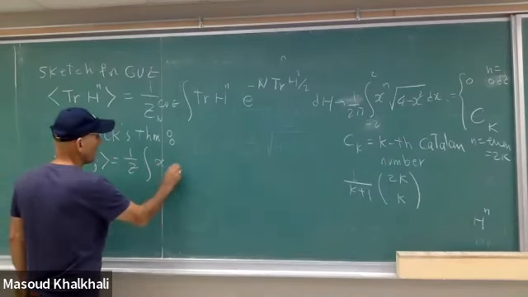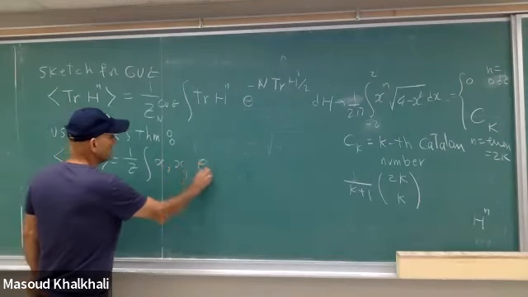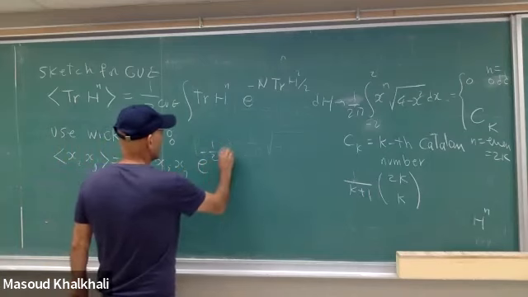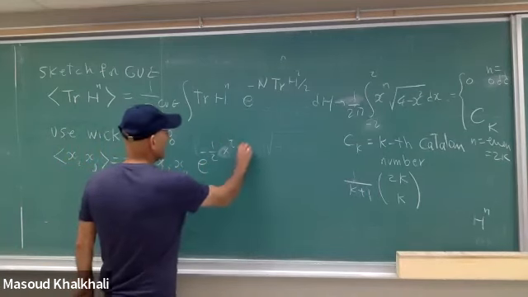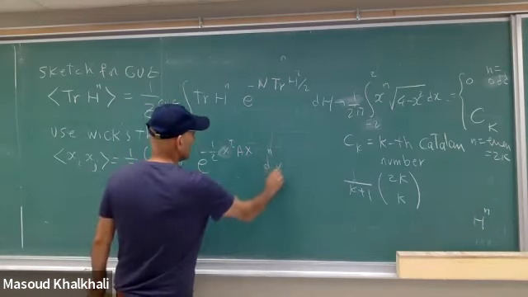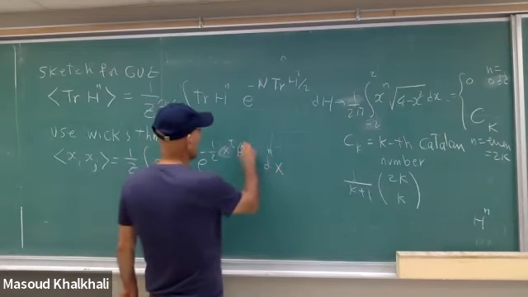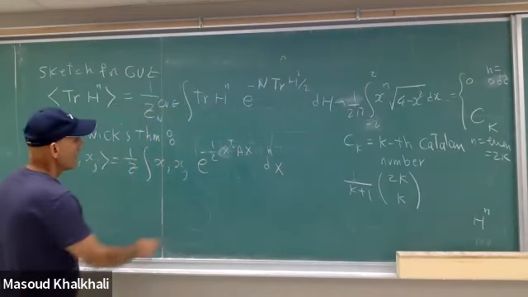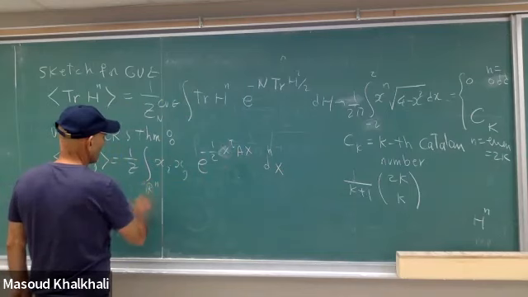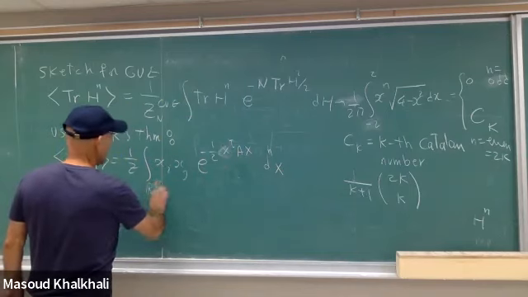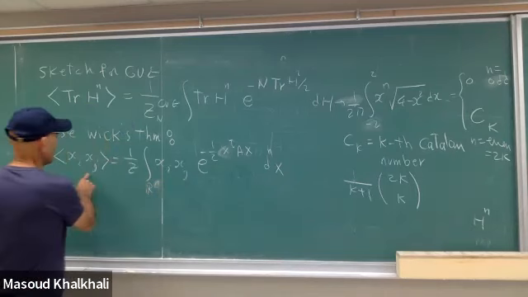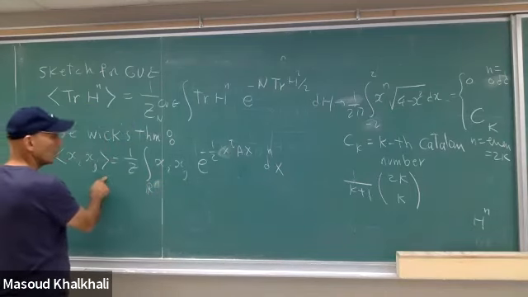So this would be x_i x_j, e to the minus 1/2 x transpose A x, d^n x. This is a very general result. A has to be positive definite. This is a Gaussian integral in n-dimensional space, for any n, it doesn't matter.